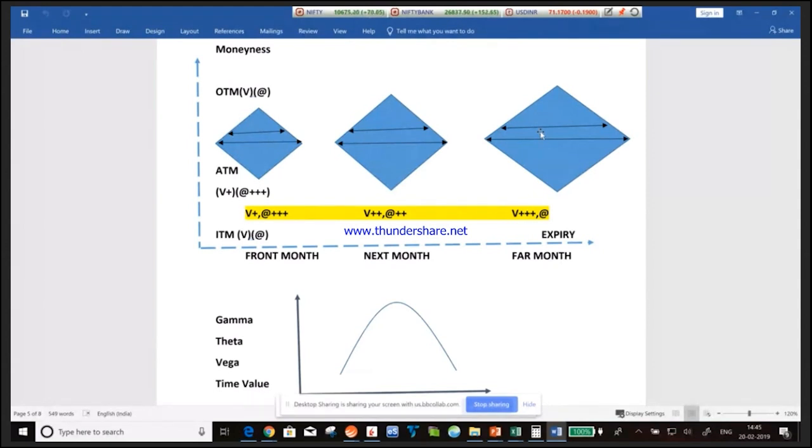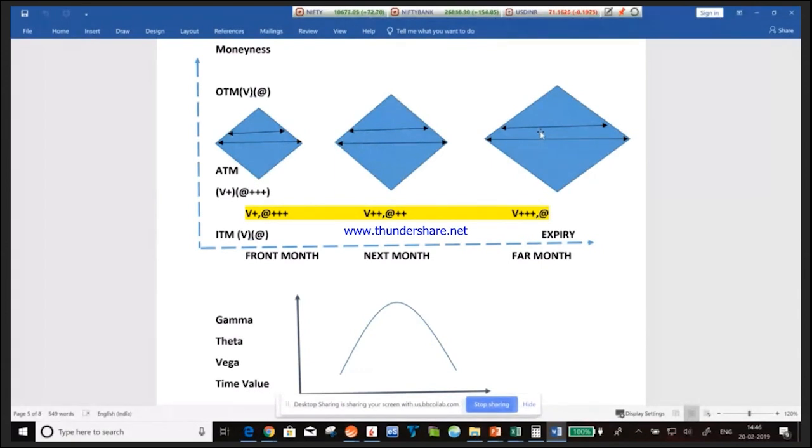Let me first finish Vega, then I will come to theta. So is the impact of Vega clear? Yes, of course. When you're buying an option, a longer term expiry will always be in your favor. I'll tell you how, now that all the Greeks are done, the rules make sense. So the impact of Vega with respect to moneyness, at the money, in the money, out of the money, and the impact of Vega with respect to expiry, front month, next month, far month.